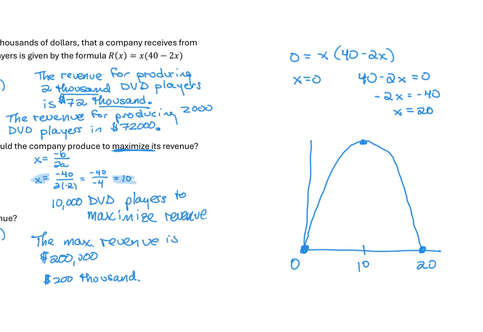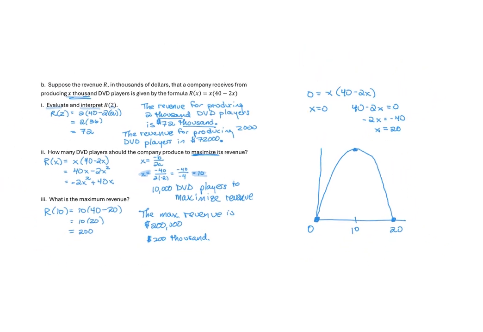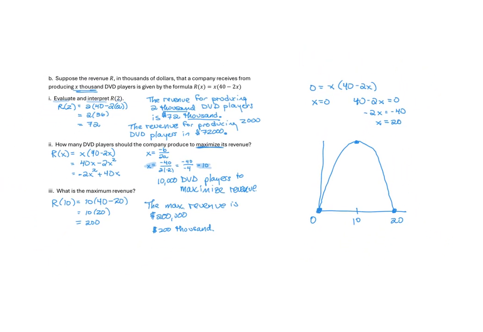And so we do have that our vertex occurs at 10. To find the maximum revenue, you will still have to plug it in to find the corresponding y value. All right, let's go ahead and move on to the next problem.